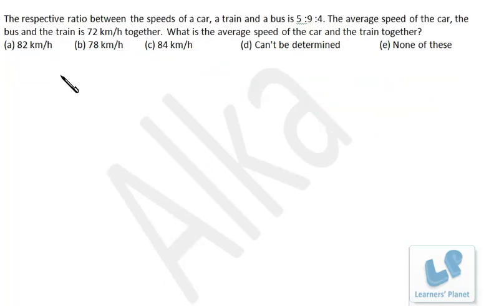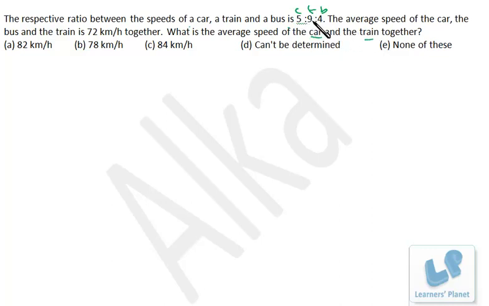Now here, the respective ratio between the speeds of a car, train and bus. So this is car, train and bus. The average speed of the car, the bus and the train is 72 km per hour together. What is the average speed of car and train together? A very simple question, friend. You don't have to touch even your paper and pen.